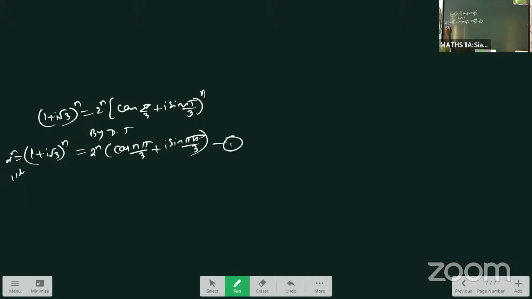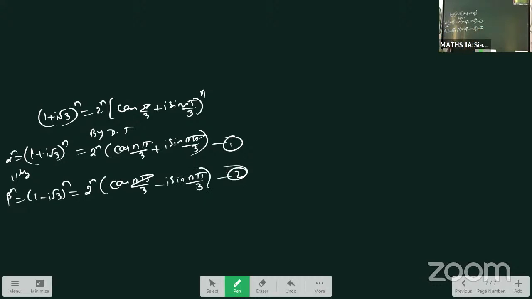Similarly, beta power n means 1 minus i root 3 whole to the power n, so 2 power n cos n pi by 3 minus i sin n pi by 3. Take it as equation 2. Add 1 and 2.